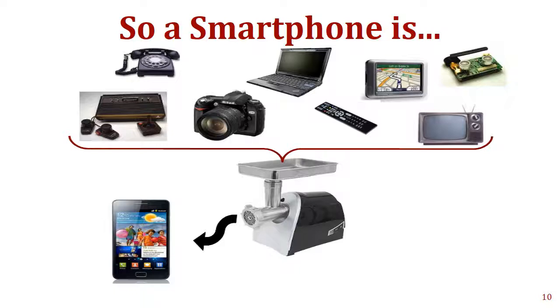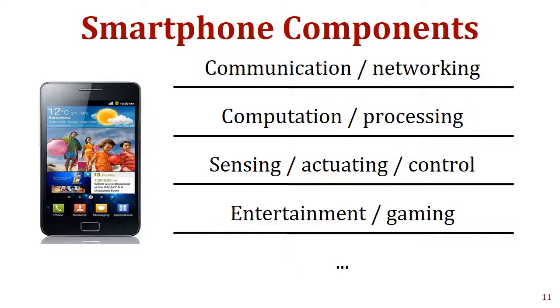So a smartphone has many important components. For example, it has components for communications and networking, like connecting to Wi-Fi or through the data plan. And also a smartphone has lots of computation and processing power. Smartphone devices are able to process many images or videos. You're probably already enjoying the benefits of smartphones being able to do all these computations.